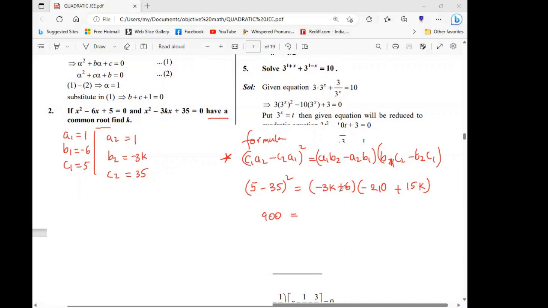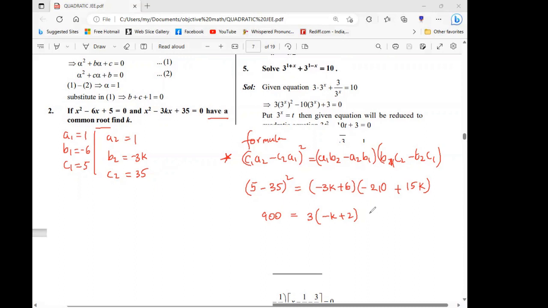And here, 3 is a common factor. You can move that 3, minus k plus 2. Here also, 5 is a common factor. 15 is a common factor because of B1C2.